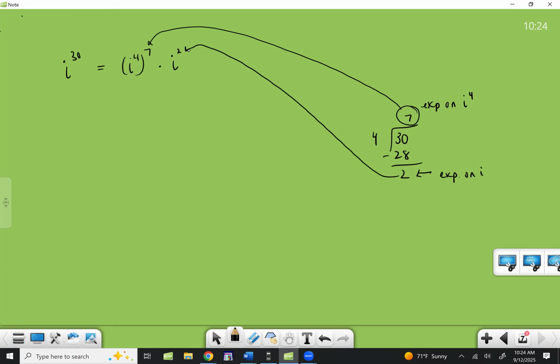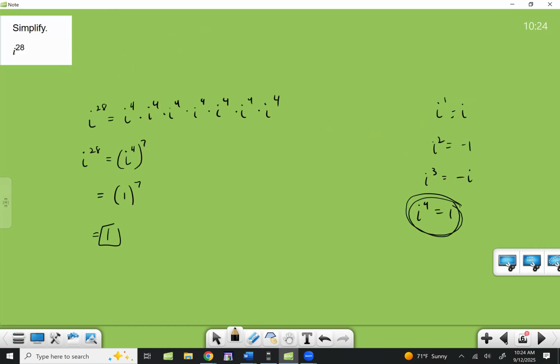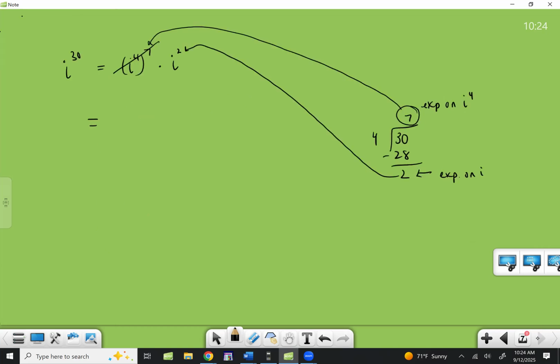All right, now, the reason why we write it like this is because this part you can basically just cross off. We just showed a second ago that is one. Go back and look. What did we get for i to the fourth to the seventh? We got one. So what does multiplying by one do? It doesn't do anything. So that's why we can just cross this off. So all we have left is i squared, which we already know is one.